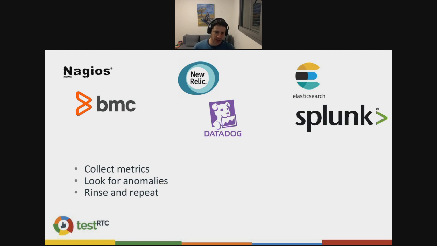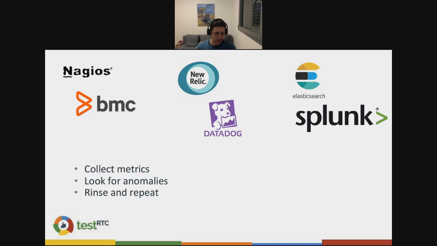Then we've got things like New Relic and Datadog, which run in the cloud for similar types of services. It's called APM, Application Performance Monitoring. And then there's things like Elasticsearch or Splunk that collect logs and can search the logs for certain patterns. That means, again, being able to look at metrics and look for anomalies within these metrics.